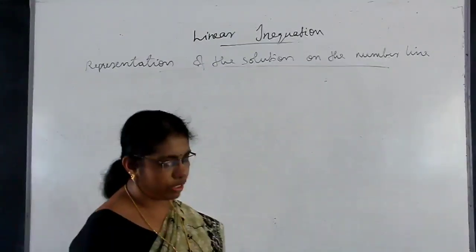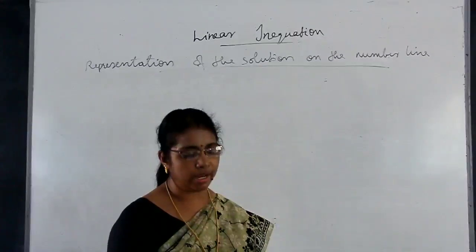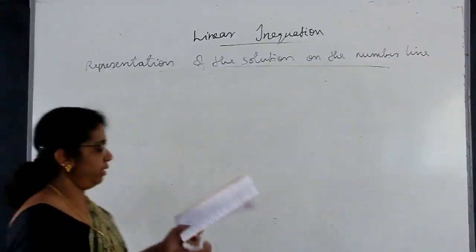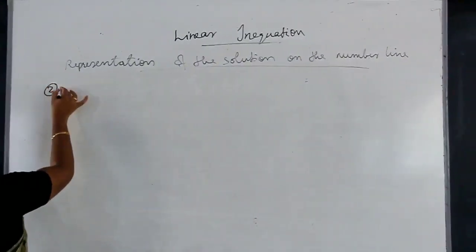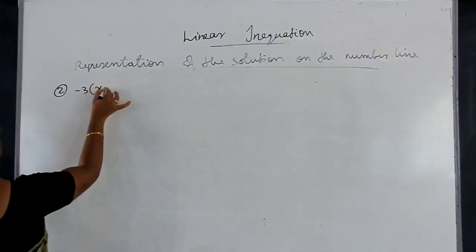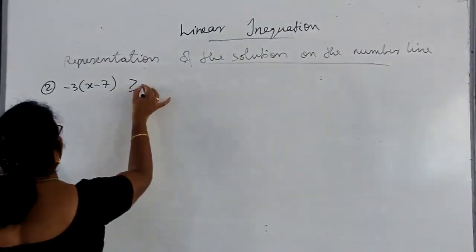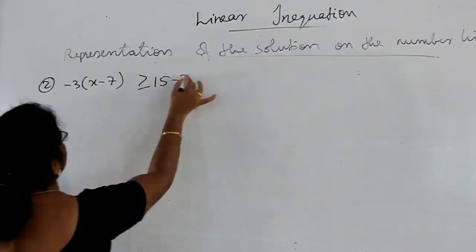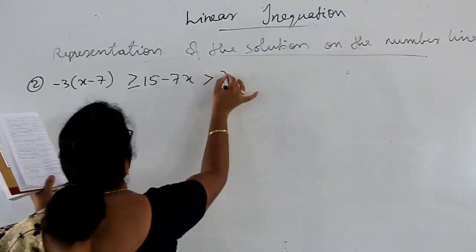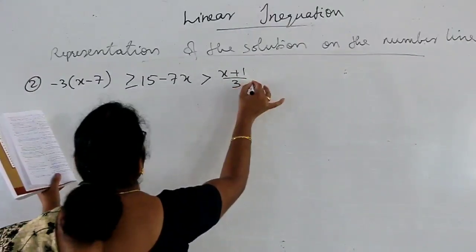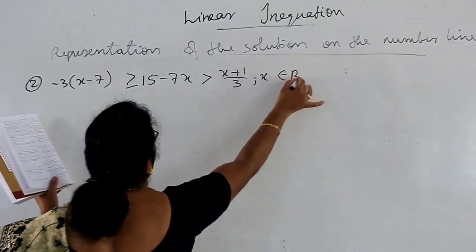Solve the following equation and write the solution set and represent it on the number line. Second question, minus 3 into x minus 7 greater than or equal to 15 minus 7x greater than x plus 1 by 3. x belongs to real number.